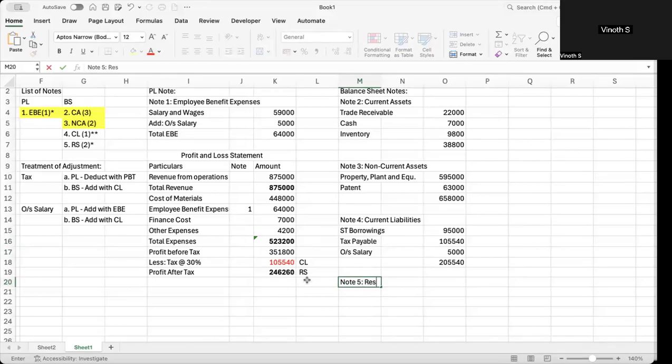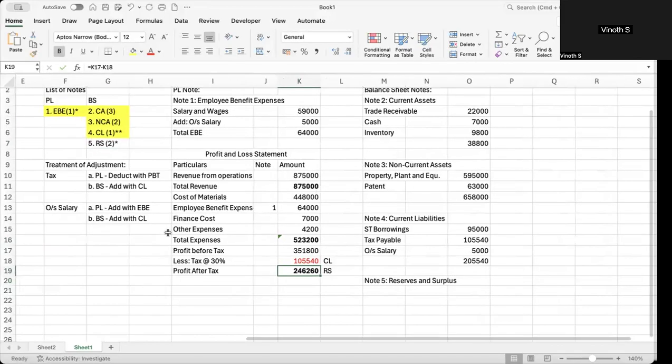Note number 5, reserves and surplus. And this also we can put a tick mark. Now we know that two items as per the trial balance should come to reserves and surplus, and one should come from the P&L, that's the adjustment item. That is profit after tax should come here.